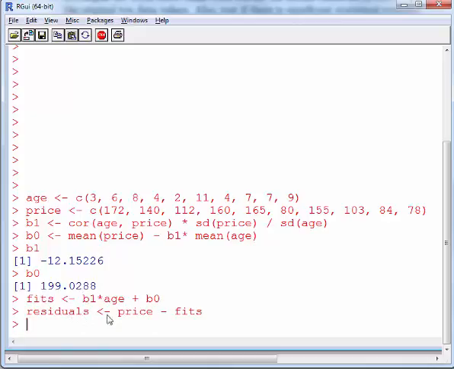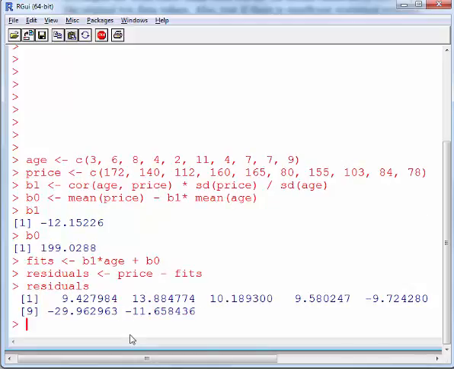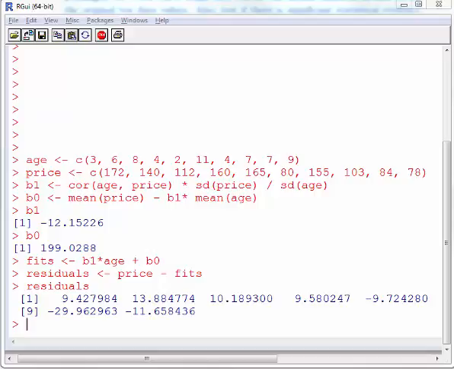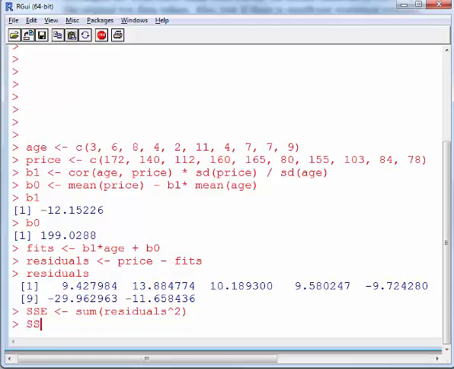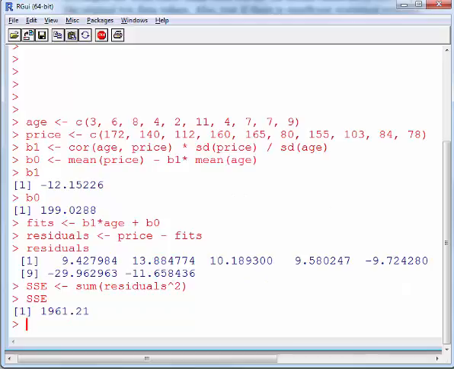The residuals, of course, are the prices minus the fits, right? They're the errors there. I can take a look at those residuals if I like. I've got 10 of them, one for each data point. I can calculate SSE, my sum of squared errors, by summing the squared residuals. So SSE is right there.